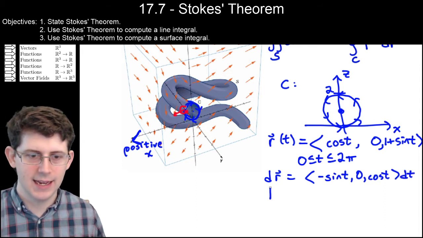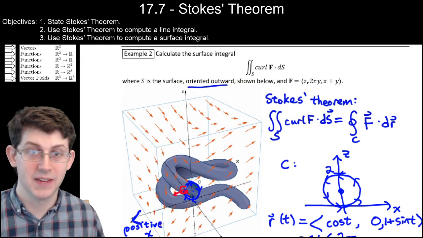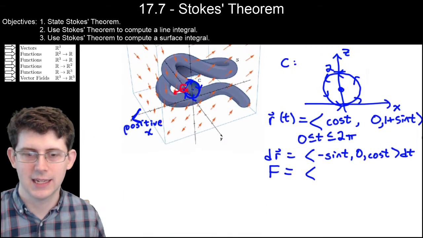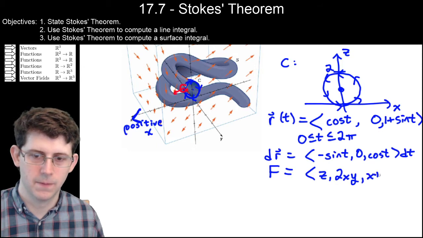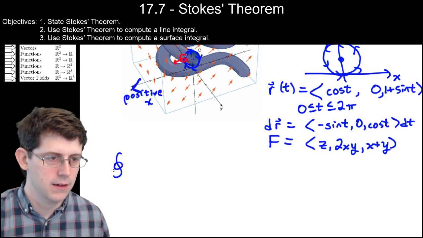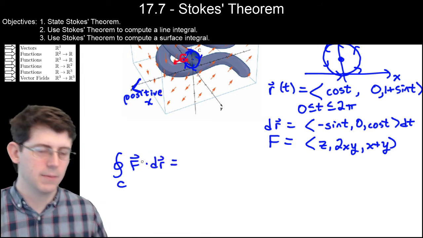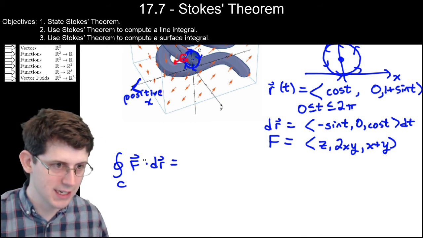And then F earlier was given by some crazy formula for whatever this vector field is. The arrows are drawn here. z, 2xy, x plus y. So now I can find this line integral. I'm not really thinking about the whole line integral all at the same time. I'm like, what's F?